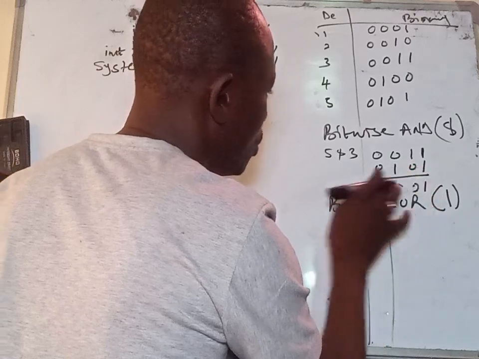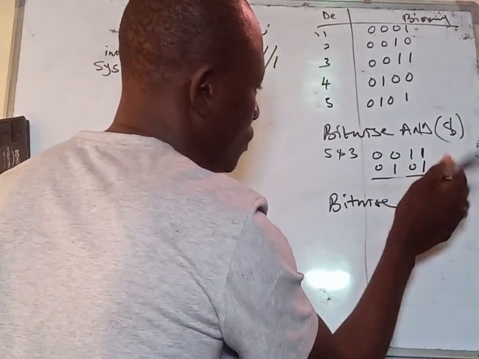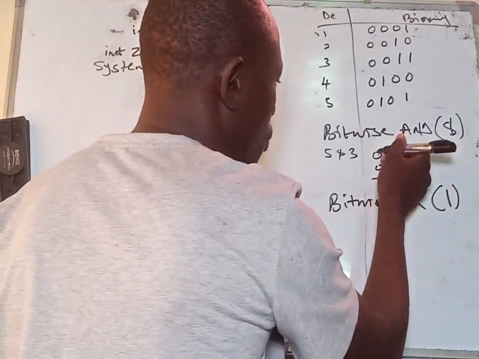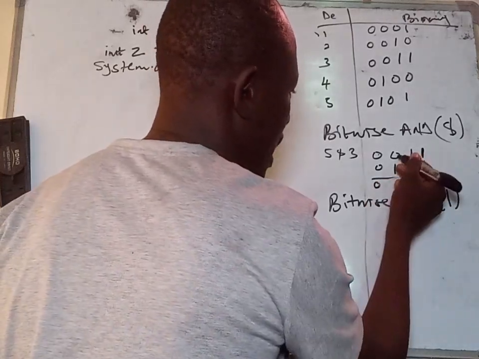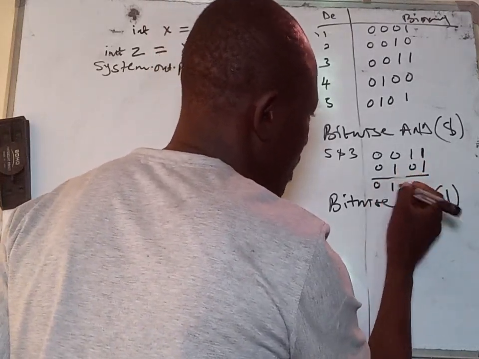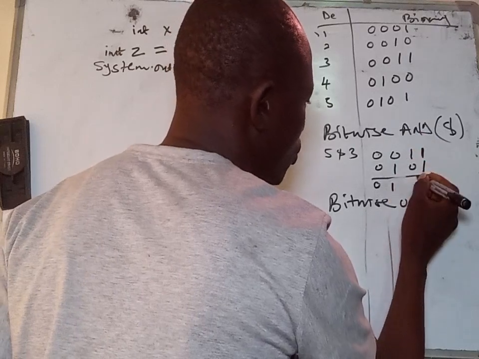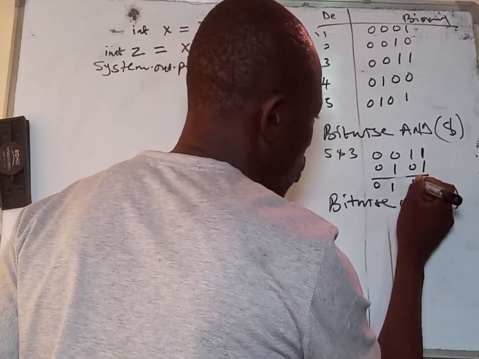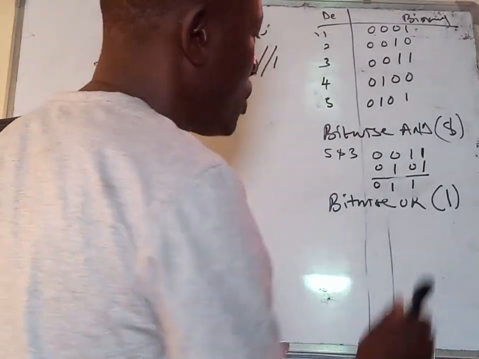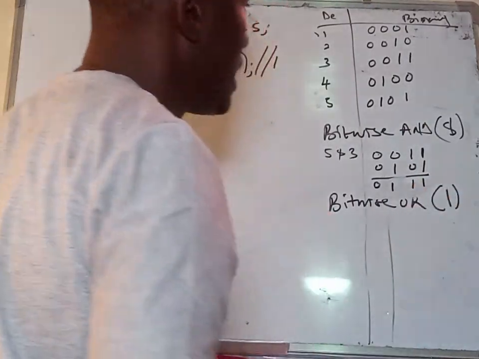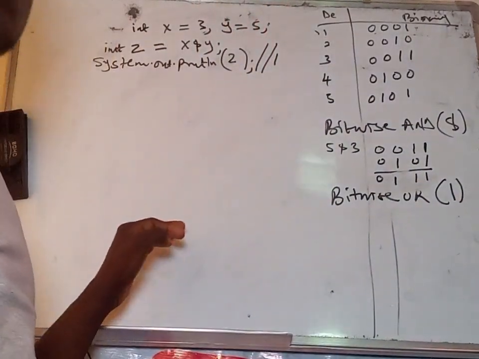Where the bits are equal, it gives 0 for the equal pair, and the other positions each give 1. So you have 1, 1, 1.